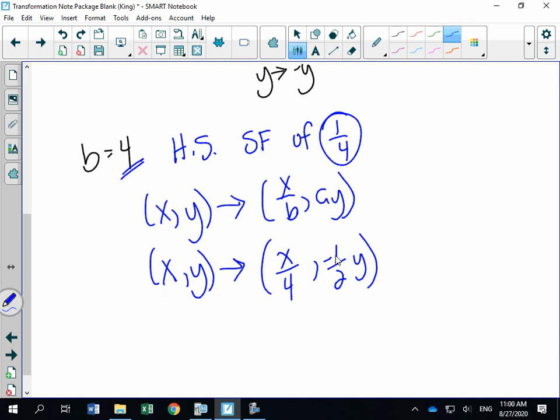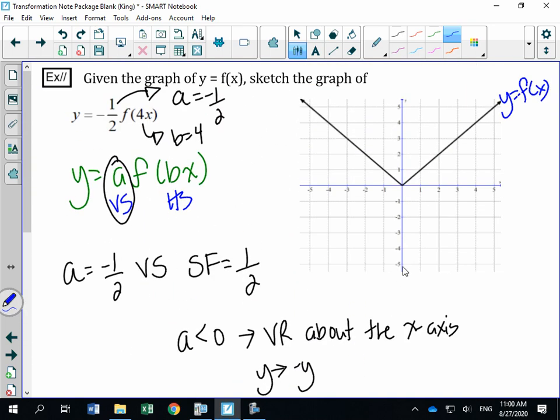So what you want to do is get some nice points on your graph. So maybe 3 points is all we need. Let's take this point, negative 4, 4. Let's take our vertex, and let's take this point. And let's perform those transformations on these 3 points and see where they get mapped to.